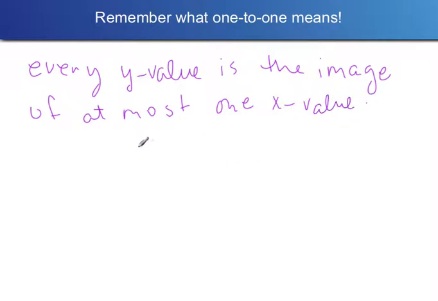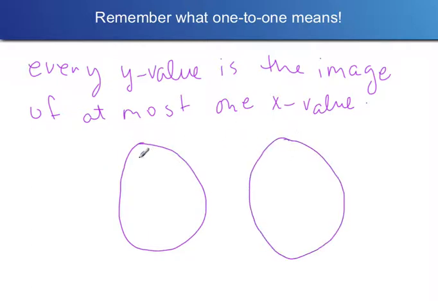And I can think about this as a Venn diagram. I have two sets here. I can't have more than one arrow going into the same value. This would be one-to-one.